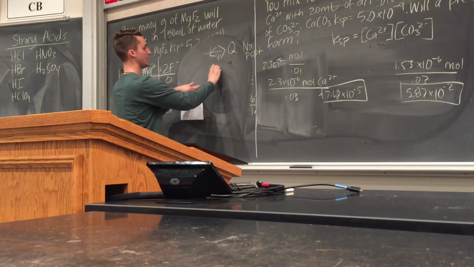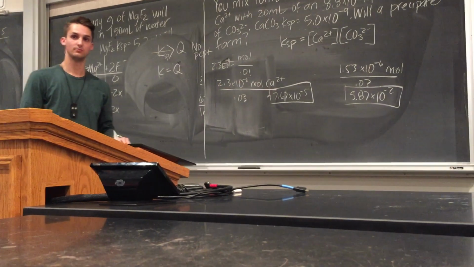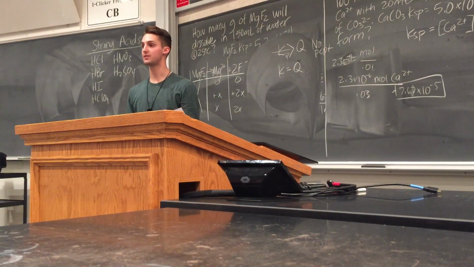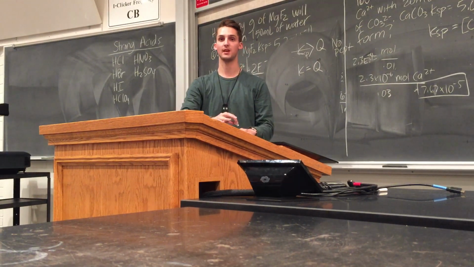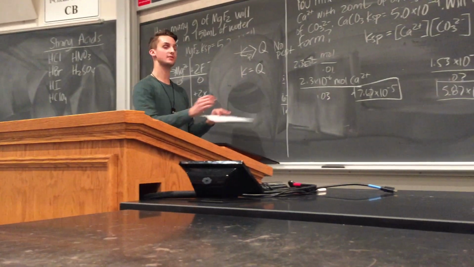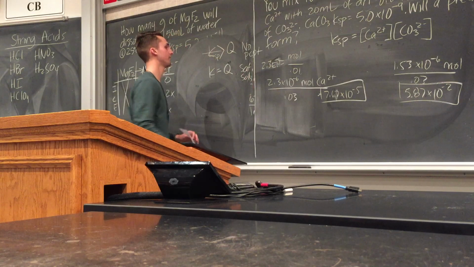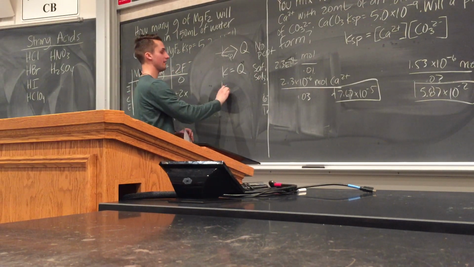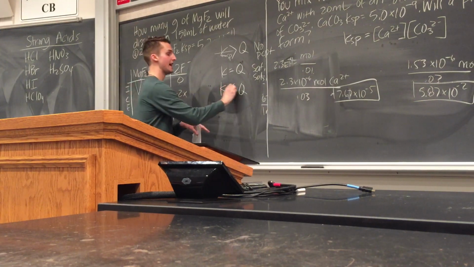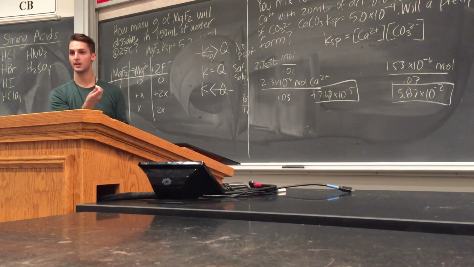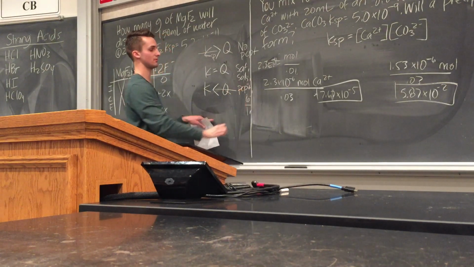If my K equals my Q, then my solution is completely saturated. If I added one more drop of calcium, it would precipitate. So we'd say this is a completely saturated solution. Okay? And if my K is less than my Q, then it's going to go towards the left, which is towards the solid in our reaction. So this would be a precipitate forms.